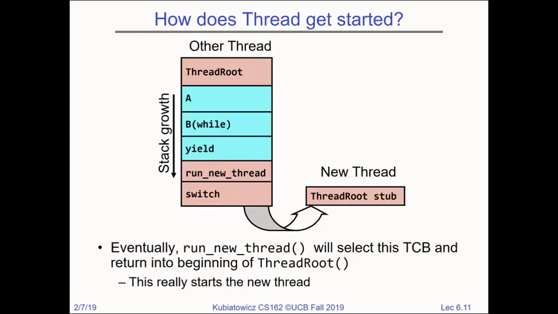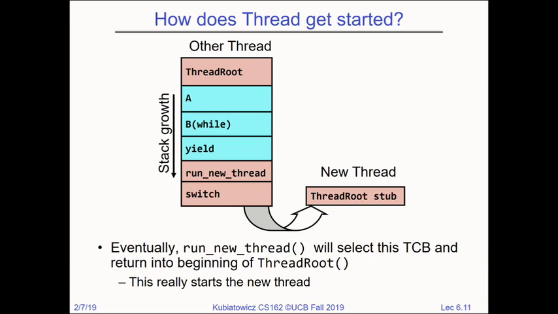So if you look here, we're busy running, say, S, and there's no T yet. What I didn't tell you was that S actually came from thread root, which calls main, which calls up, which called A, which calls B, which calls yield, which calls run new thread, which calls switch.